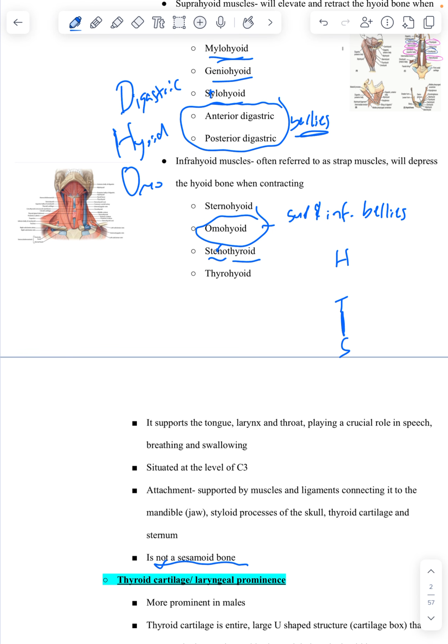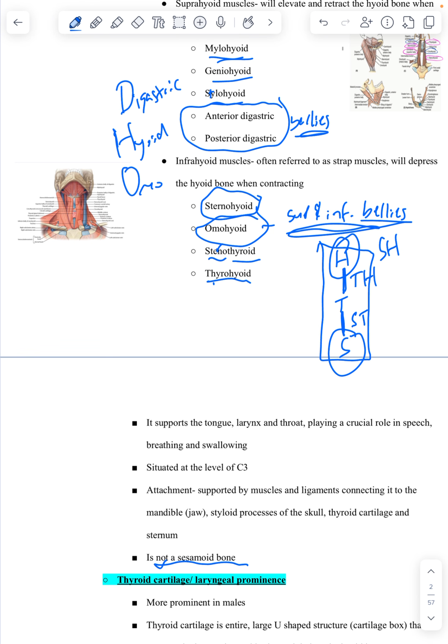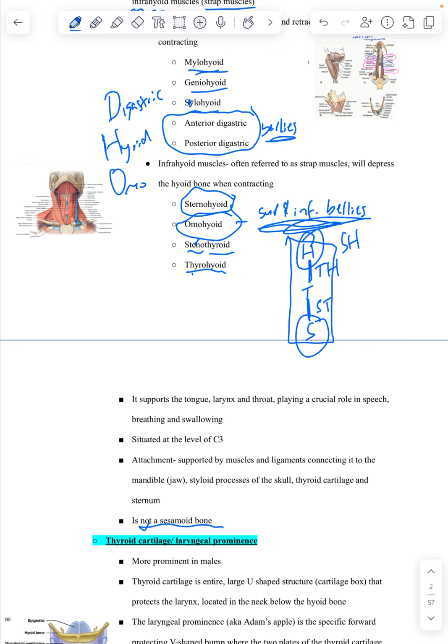Thyroid to hyoid is thyrohyoid. Now, superficially, or more anterior to both of these, you have sternohyoid, which goes all the way from here to here. So a muscle going all the way would be sternohyoid. And then the omohyoid is the one that we said has two bellies.